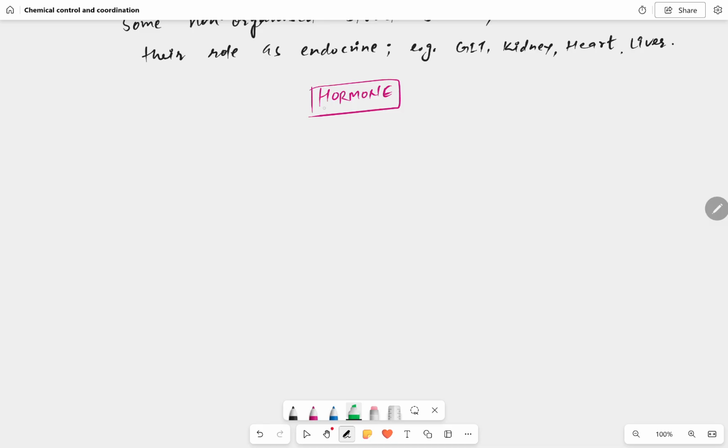Come to the point, hormone. What is a hormone? A hormone is an intercellular chemical messenger. The latest definition of hormone is a non-nutritive intercellular chemical messenger which is produced in trace amount.